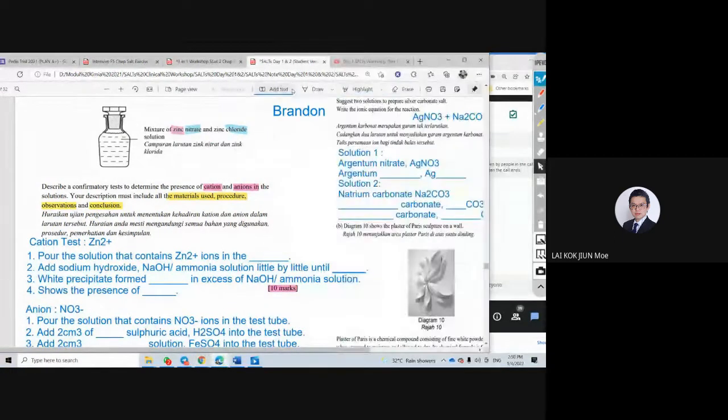Okay, every time must use test tube for the test for the ion. For salt ion, actually test tube is enough already. You don't need to use so big one. Bigger is actually not suitable. So add the ammonia or the sodium hydroxide drop by drop until it turns excess. Very good, excess.